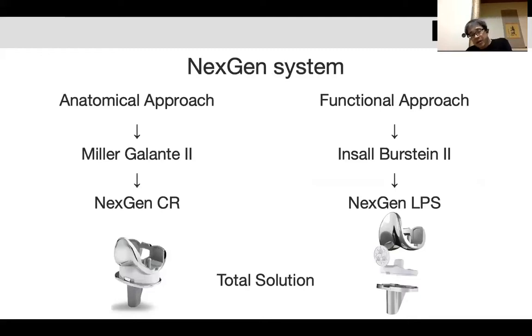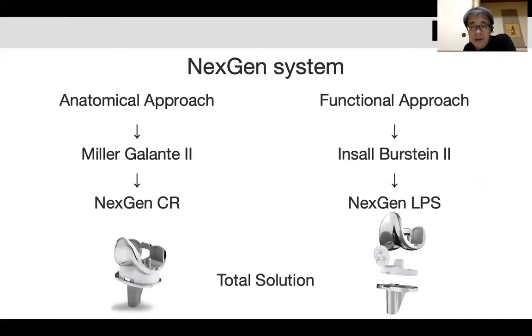So the patient has some difficulty in movement, or limited ROM, and even pain. So the anatomical approach tends to have less constraint.